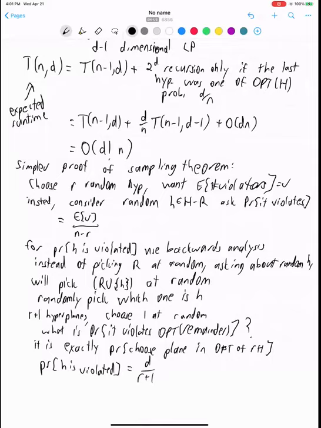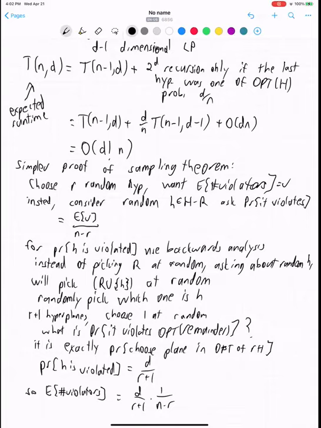So I just take that up to my formula. So the expected number of violators is just equal to d over r plus one times 1 over n minus r, which is what our sampling theorem told us.